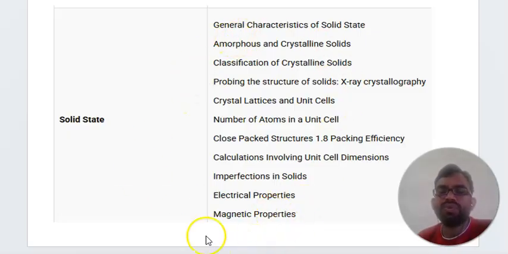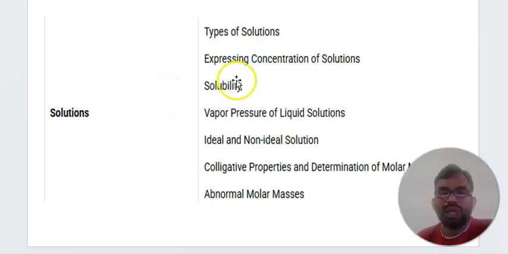These are a few important topics, especially for IIT JEE Mains, in the solid state chapter.